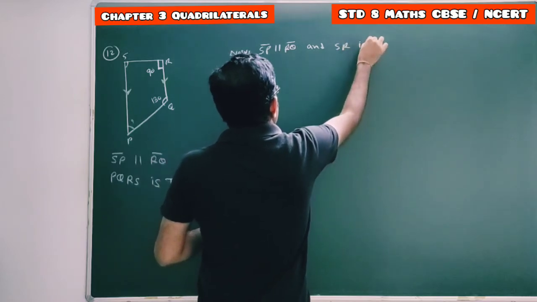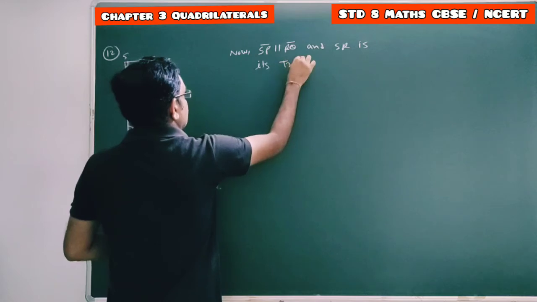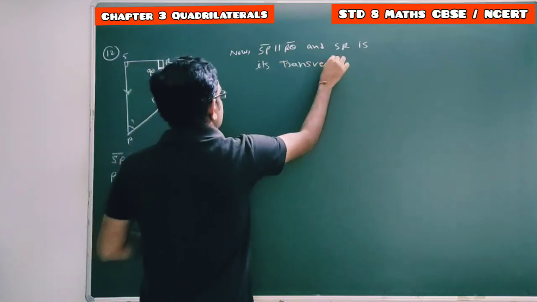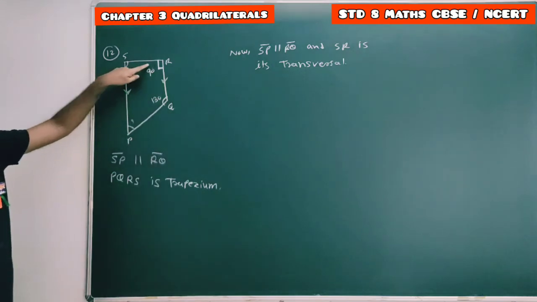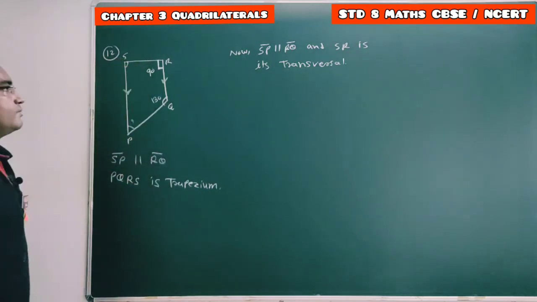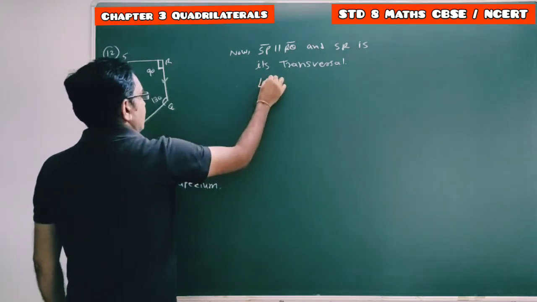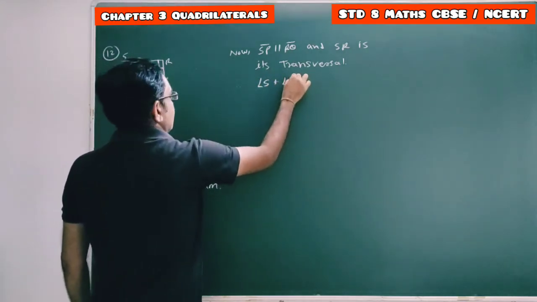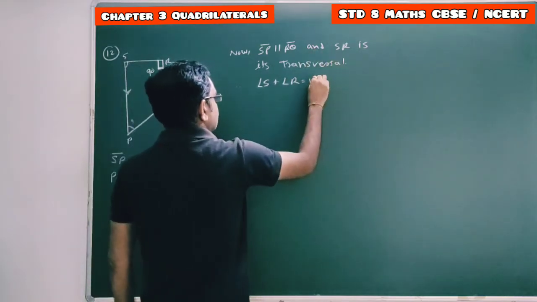So this pair of angles is interior angles on the same side of the transversal, and hence they are supplementary angles. So angle S plus angle R will be equal to 180 degrees.